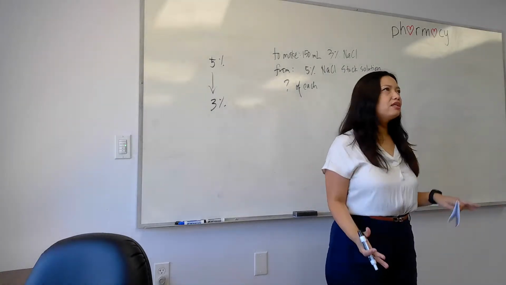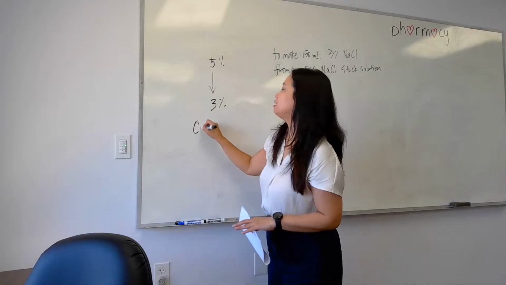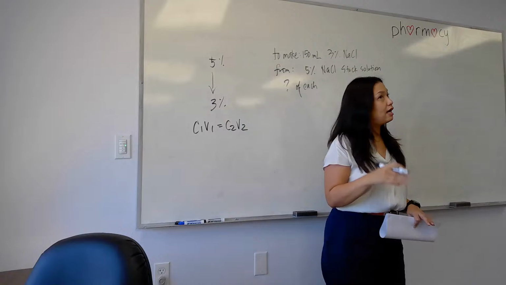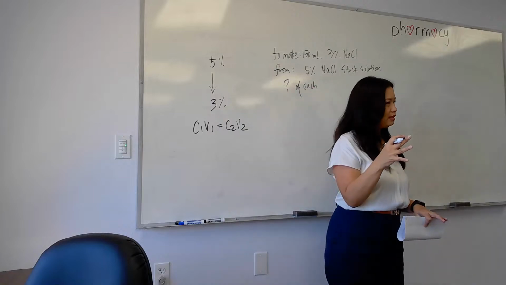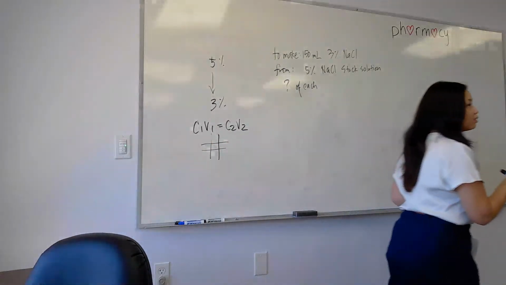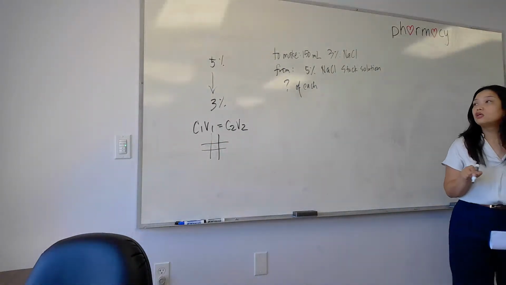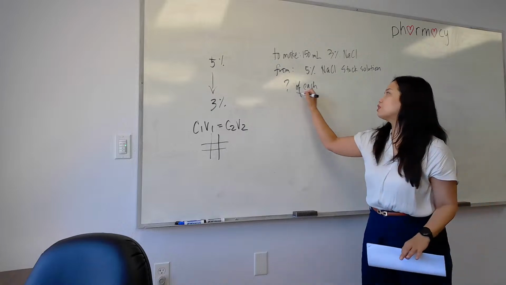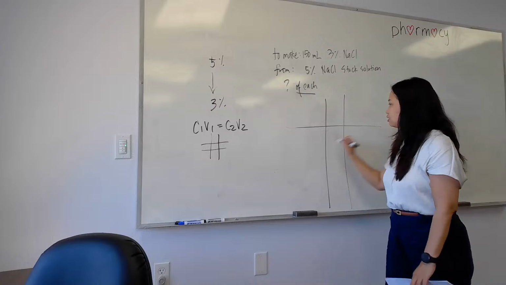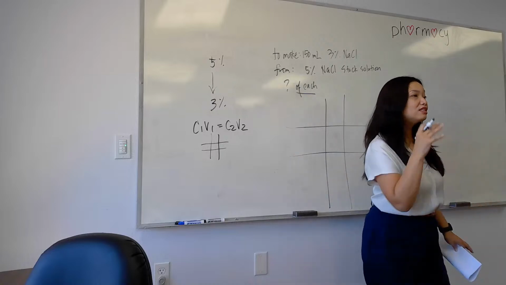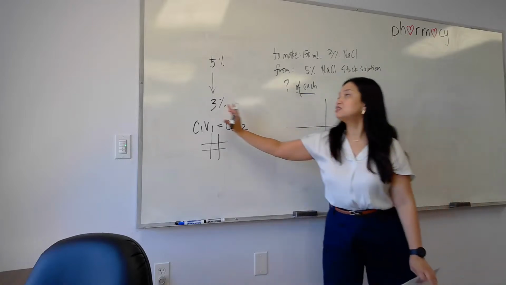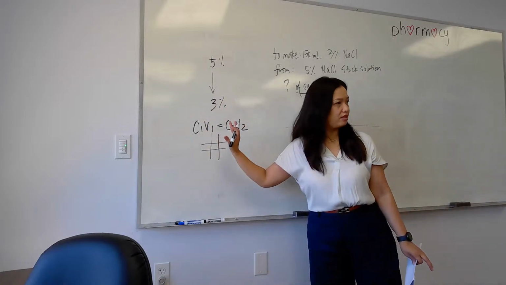I know that dilution can either use C1V1 equals C2V2, or I can also use the alligation or tic-tac-toe method for dilution. But once I've seen the words of each, I think it is better to use the tic-tac-toe method because it tells me directly how much of each. With this, I should only have one missing variable.